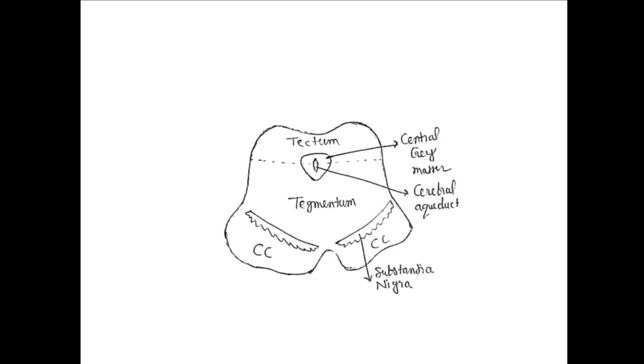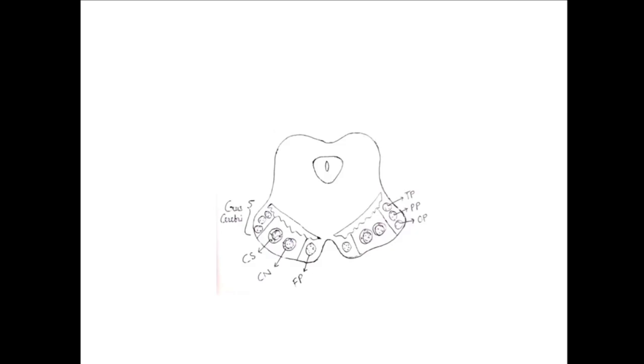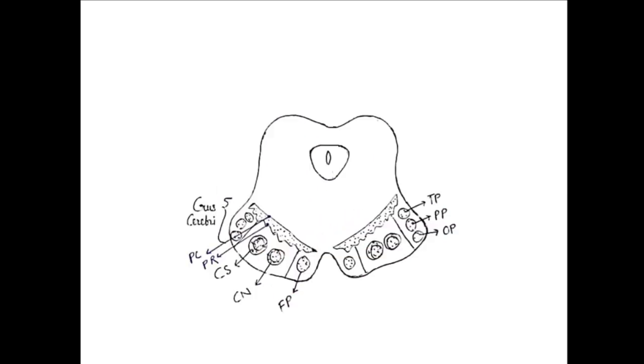So these are the external features of the midbrain along the ventral and dorsal surfaces, and this is a cut section of the midbrain showing tectum, tegmentum, crus cerebri and substantia nigra along with central gray matter and cerebral aqueduct. Structure of crus cerebri: frontopontine fibers, corticospinal, corticonuclear, temporoparietal and occipital pontine fibers.